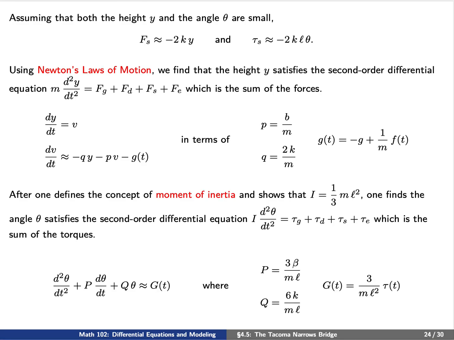Putting all of this together, we then find that theta double prime plus a constant capital P times theta prime plus a constant Q times theta is approximately equal to our function g of t. But this is exactly what we mentioned earlier in the lesson today.